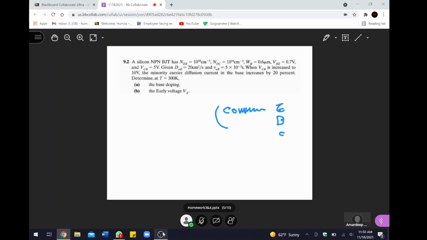This determines which one is the input and which one is the output. In some cases the input current is IB, in some cases the input current is IE.